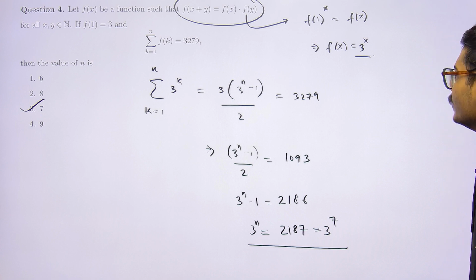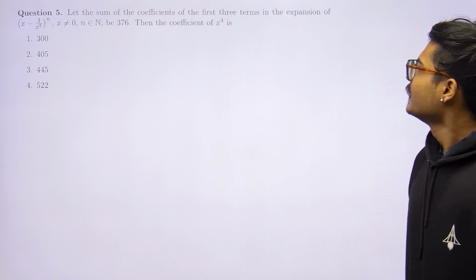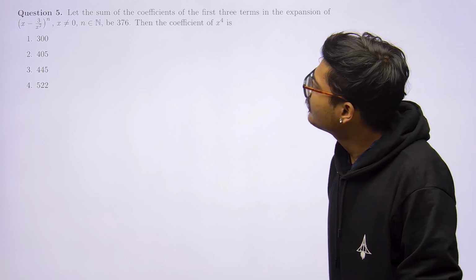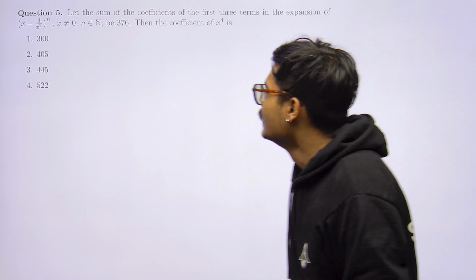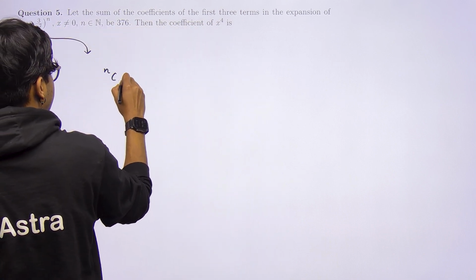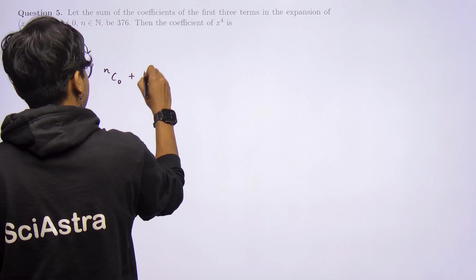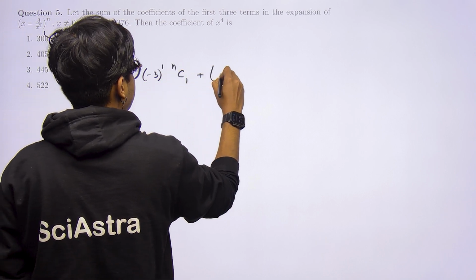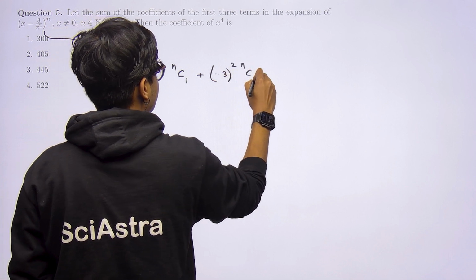So that's question 4. Coming to the fifth question, let the sum of the coefficients of the first 3 terms of this expansion be 376, then the coefficient of x to the power 4 is what? The coefficients of the first 3 terms are always going to be n choose 0, minus 3 to the power 1 times n choose 1, plus (minus 3) to the power 2 times n choose 2, right?